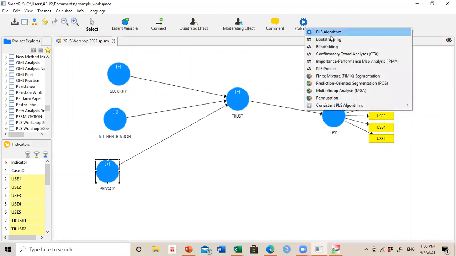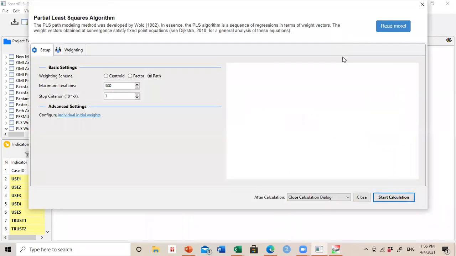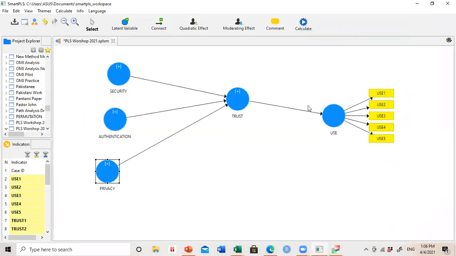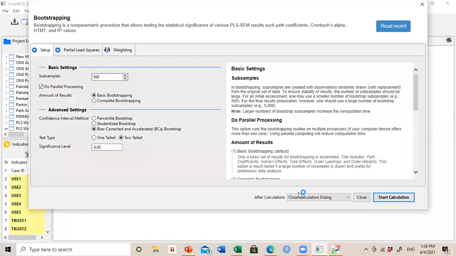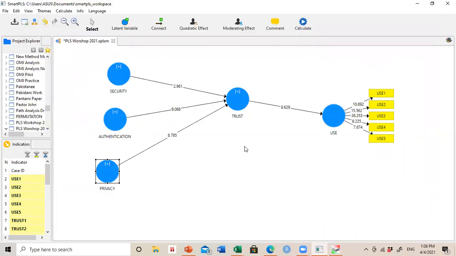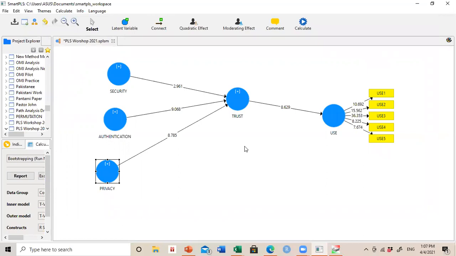We now say PLS. Oh no, I beg your pardon. We now say calculate bootstrapping, and we say two-tail, and that's it. That is how you do it.